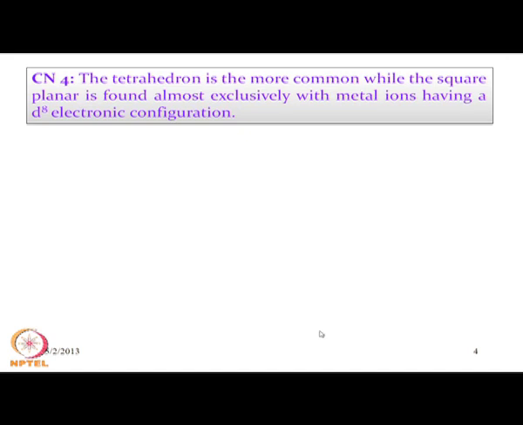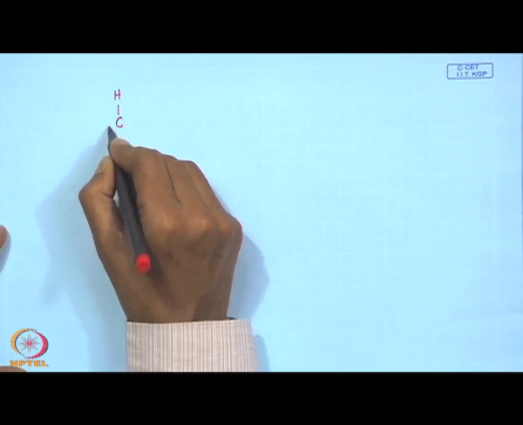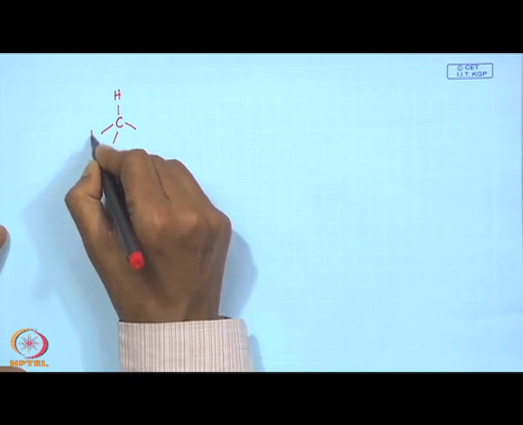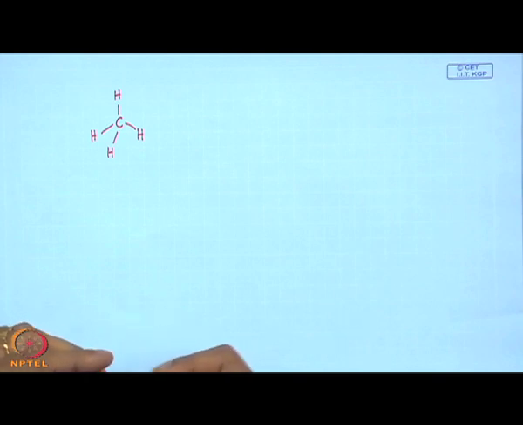Then we move on to a typical coordination number which is very much available to us, the coordination number of 4. Once we have a coordination number of 4, we have in our mind the simple compound which we study from our school days, the methane molecule, which has a coordination number of 4.